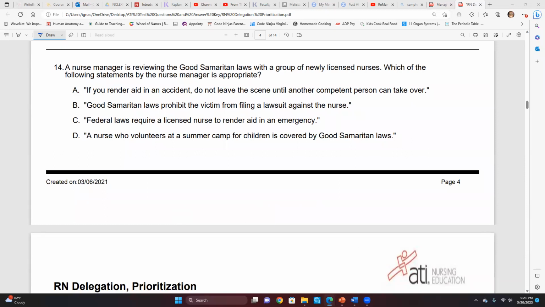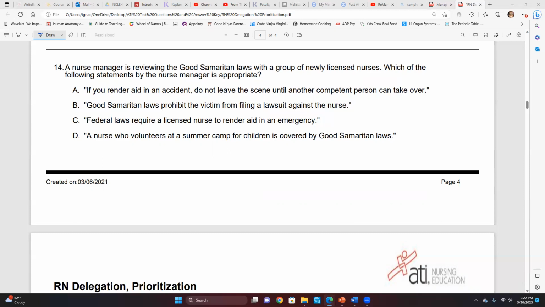A nurse manager is reviewing the Good Samaritan law with a licensed nurse. Which of the following statements by the nurse manager is appropriate? Good Samaritan law, I think that's when you render aid with nothing held against you.